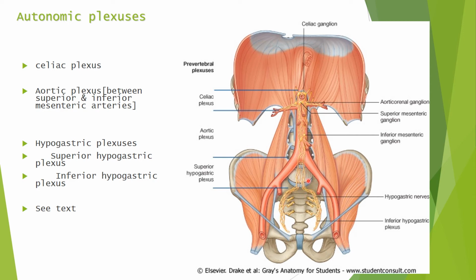Then we have the hypogastric plexus. The upper is the superior hypogastric plexus and the lower is the inferior hypogastric plexus in the pelvis. See the text for details.